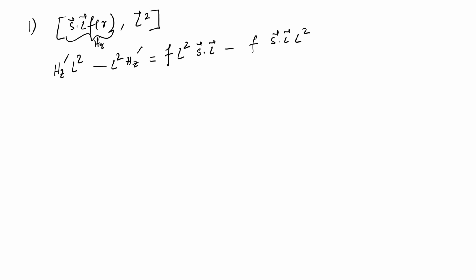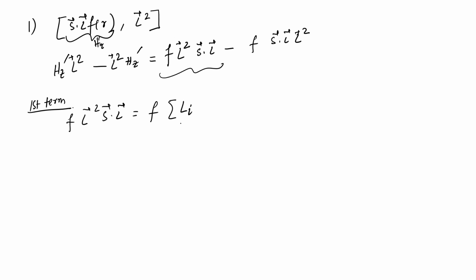So, L is actually a vector operator. So, this is L square. All right. So, what is the first term? That is this term. So, let us write down the first term, and the first term is nothing but L square S dot L. This is equal to f, and we write it in terms of components.